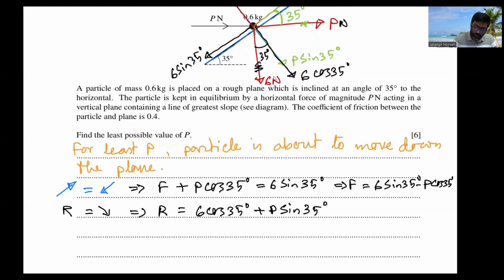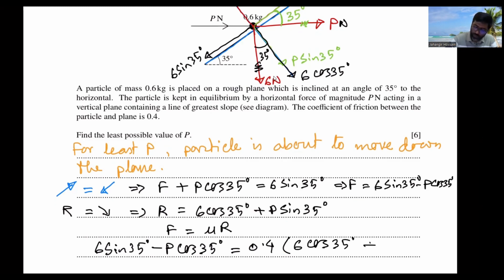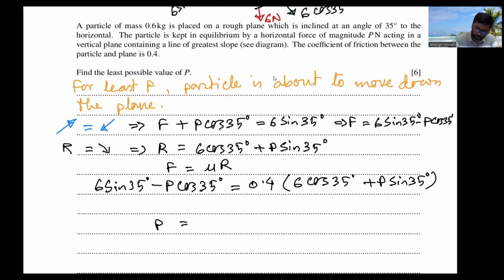Now, it is in limiting equilibrium, so you can apply maximum friction, and maximum friction is equal to mu R. So if you substitute friction and R in terms of P here, you will have 6 sin 35 minus P cos 35 equals mu, which is given as 0.4, times R, which is 6 cos 35 plus P sin 35. From this, find P. P will be, in the denominator, cos 35 plus 0.4 into sin 35.